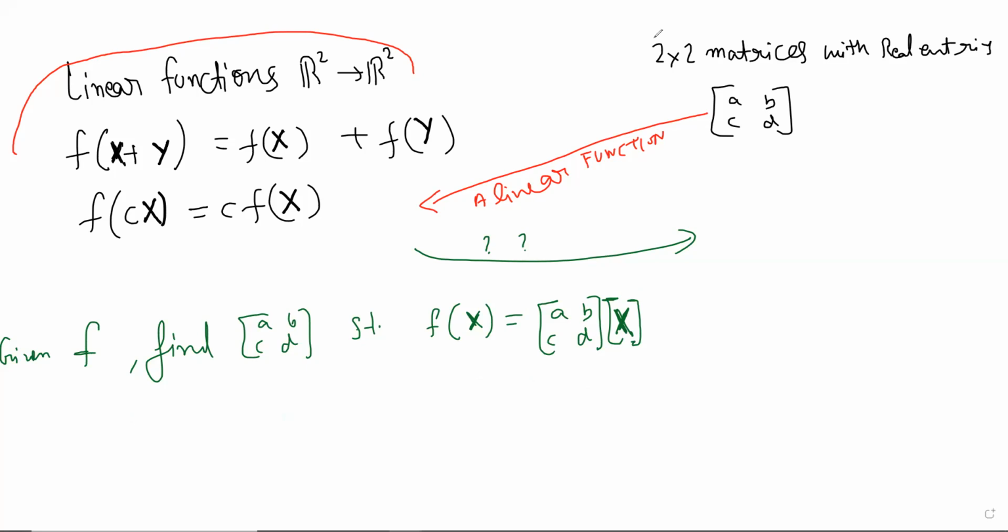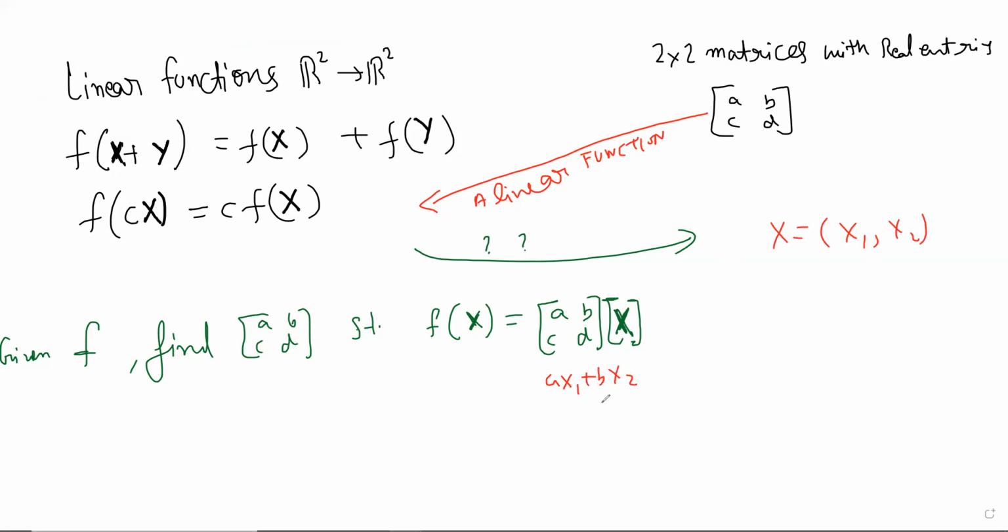Okay, so maybe it's a little tricky. So let's come to a concrete linear function. Basically, if x is x1, x2, you write it as a column.